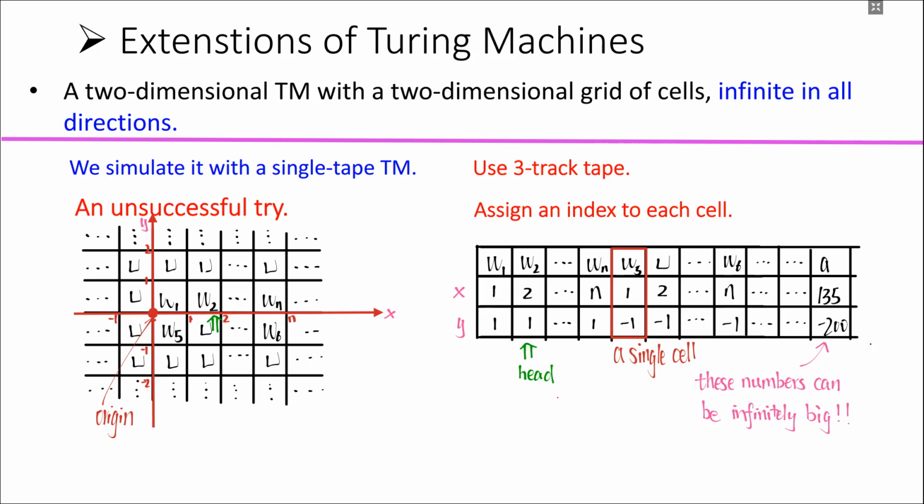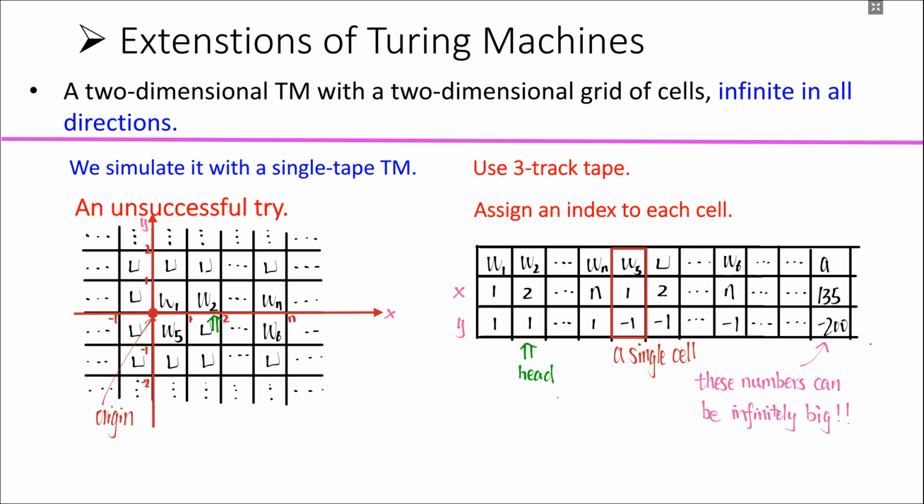Although to store the same numeric value, a unary number takes more cells than a decimal number, space is not a problem because the tape is infinite on the right end. Also, using unary numbers for indexing keeps the tape alphabet finite, because we only added one symbol to the existing alphabet.